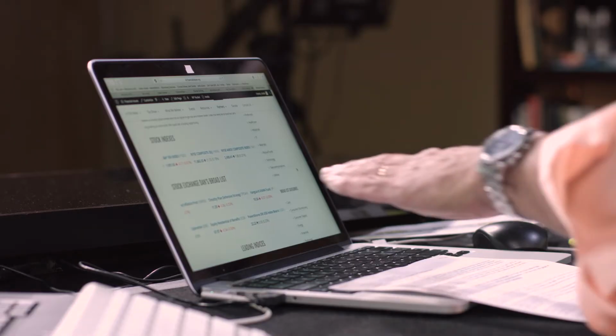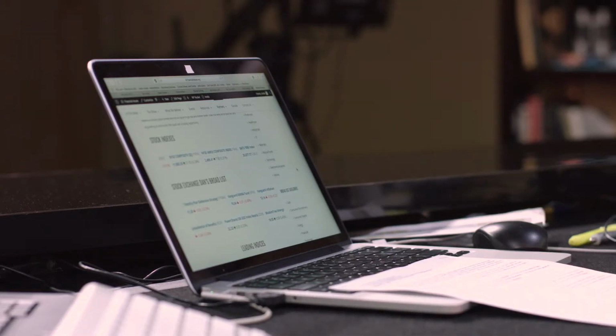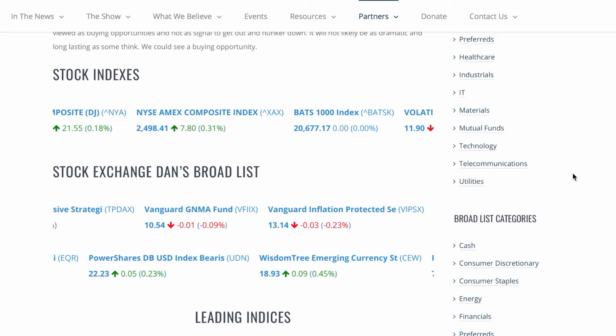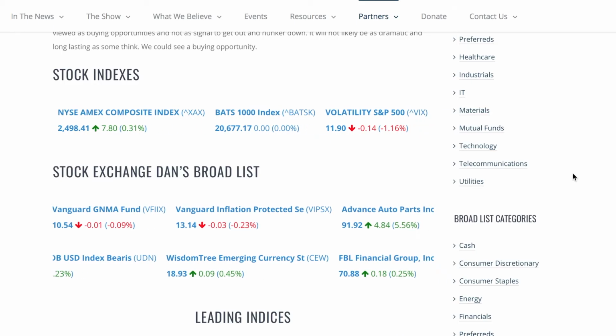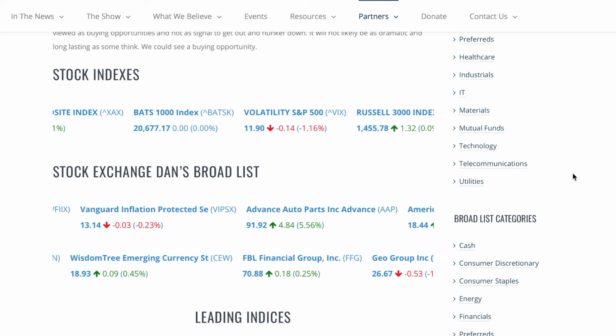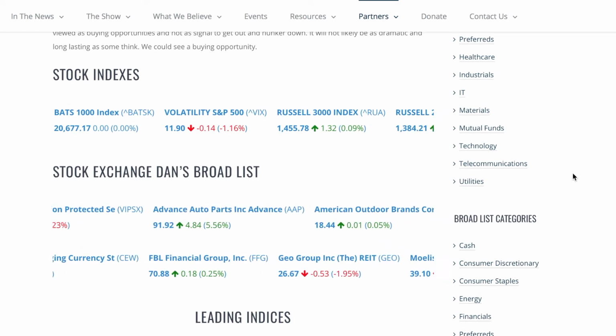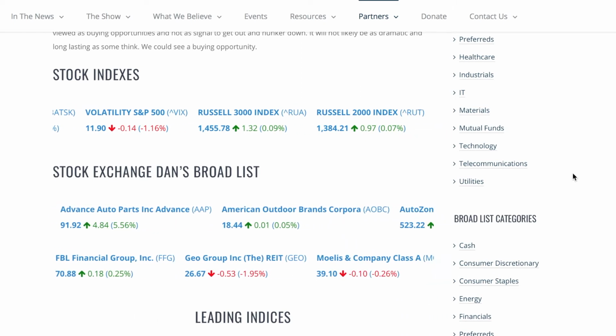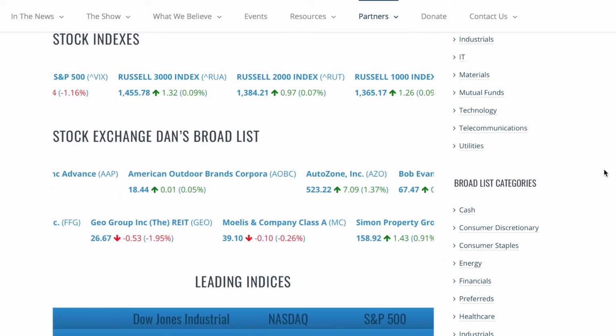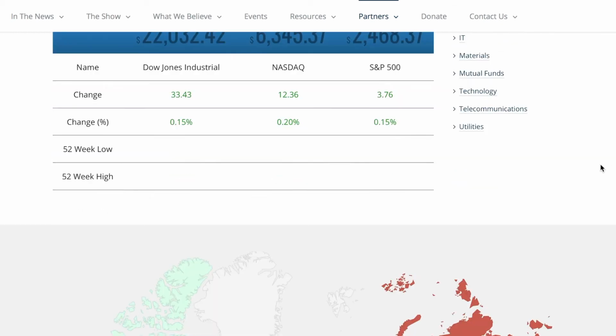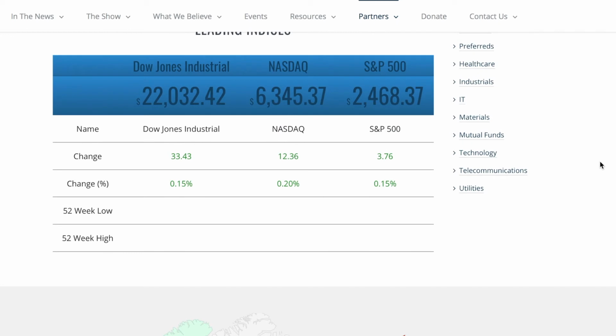These other two lines here are every stock that is on my list. And just by sitting here watching it for a couple minutes, I feel pretty good because there's far more green than there is red. Well, how much? Here's the indexes and what they're doing. Okay, so right now the Dow's up 33 points, the Nasdaq's up 12, the S&P's up 3.